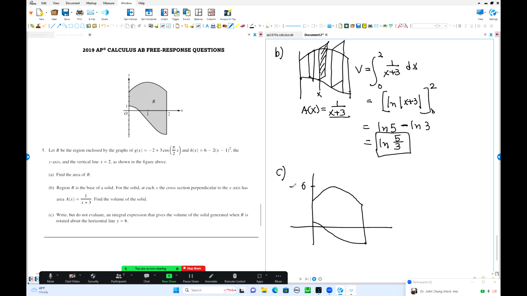This is the x-axis, and the rotation axis is above it. This is the area we're going to rotate. When you rotate this one around over here, it looks like this.